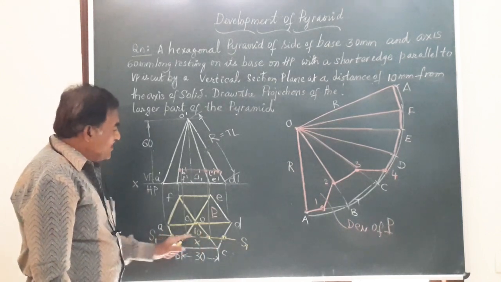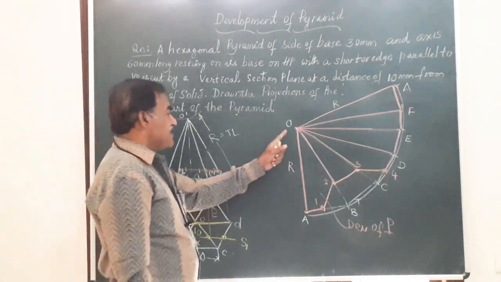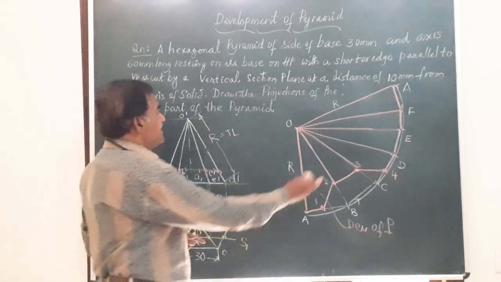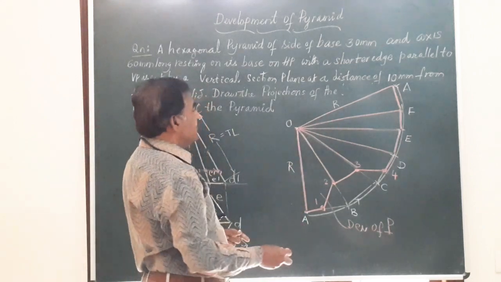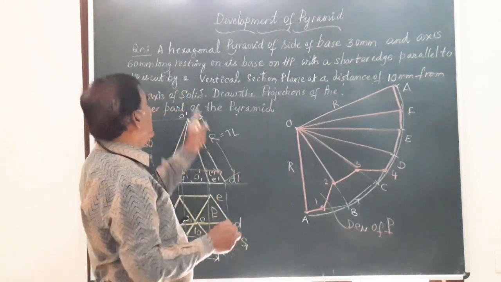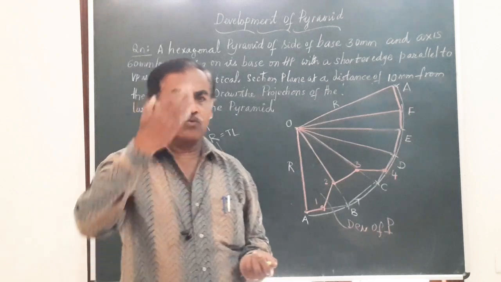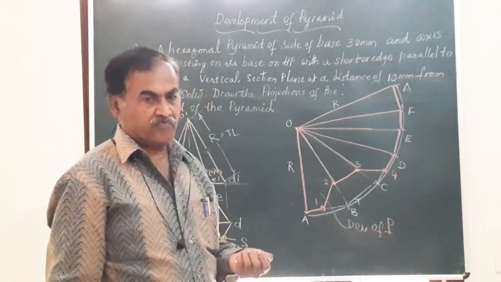And later on, these points were transferred to the corresponding slant edges and base edges in the development, and this figure will give you the complete development of the lateral surface of the hexagonal pyramid when it is cut by a vertical section plane at the given distance of 10 mm.